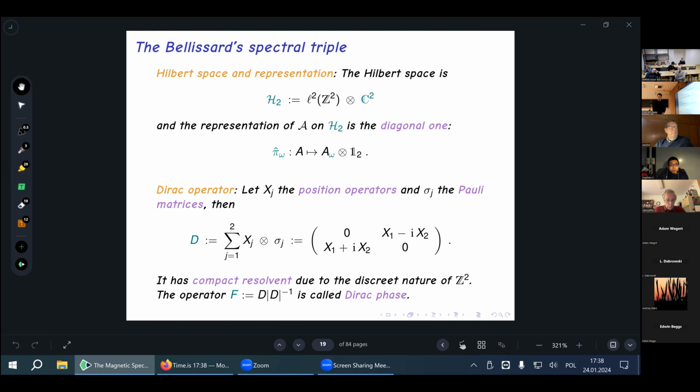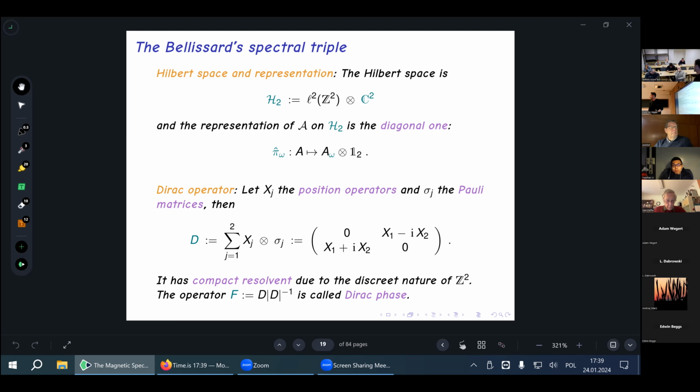In Z2, I have two nice operators, the position operators, and I can construct the Dirac operator by mixing the position operators on the lattice with the first two Pauli matrices. What happens is that this operator has compact resolvent. Why does it have compact resolvent? Because on the lattice, the position operators are discretized on the sites of the lattice, and so they have discrete spectrum.